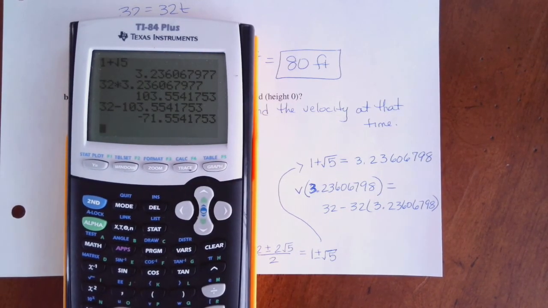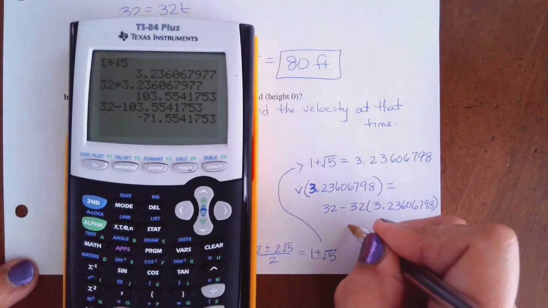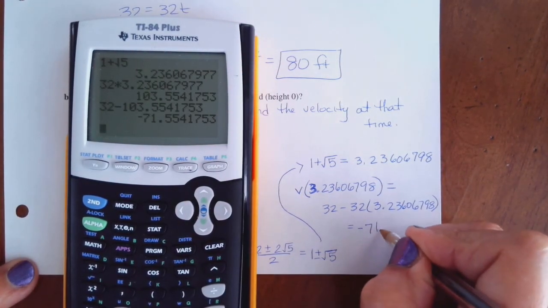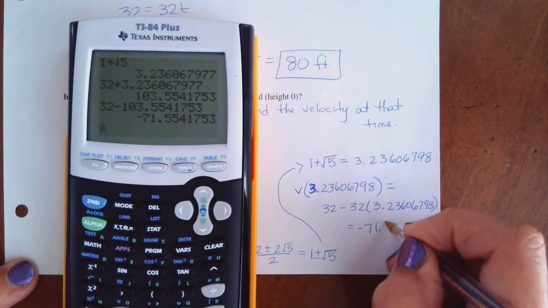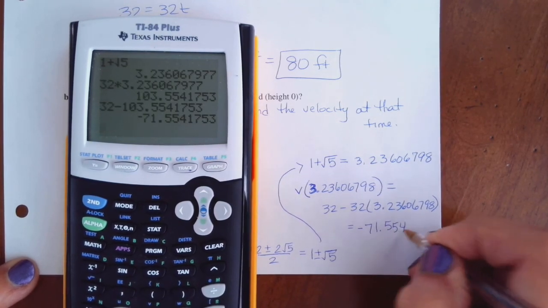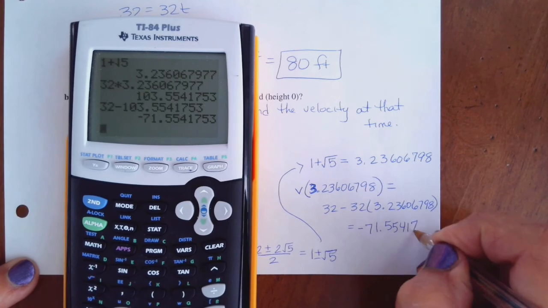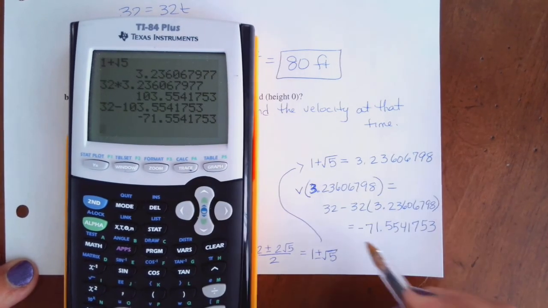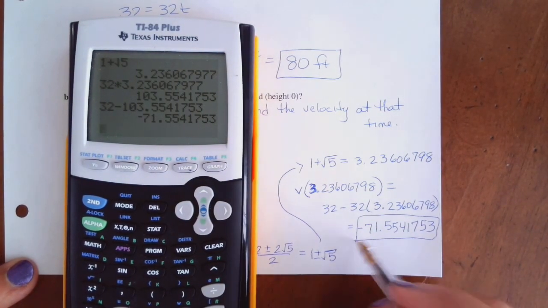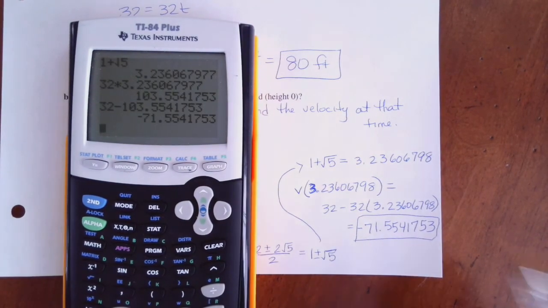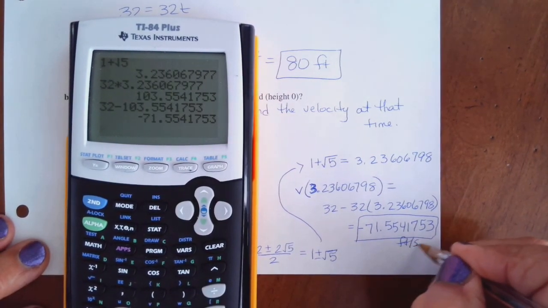That's what I would put into WebWorks. So I would get negative 71.5541753. That is not rounding, and WebWorks will be happy with you. And that's feet per second.